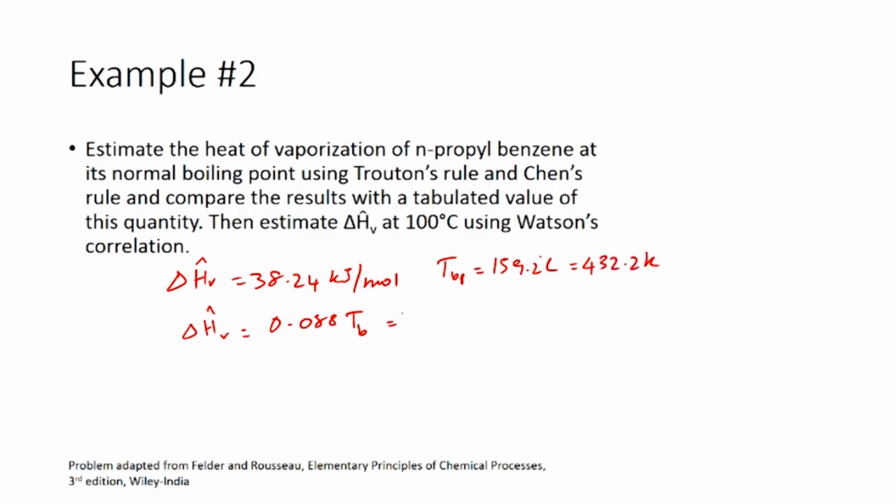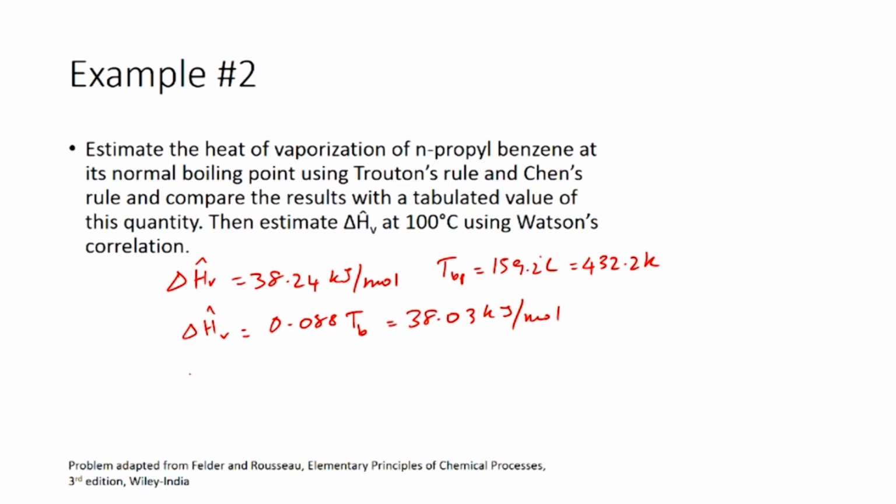Using this value we can get heat of vaporization from Trouton's rule as 38.03 kilojoules per mole. For this particular case Trouton's rule seems to fit very well. You get very small errors, and this is as good as it gets. It is actually less than 1% error. So, even Chen's rule might not have this accurate data.